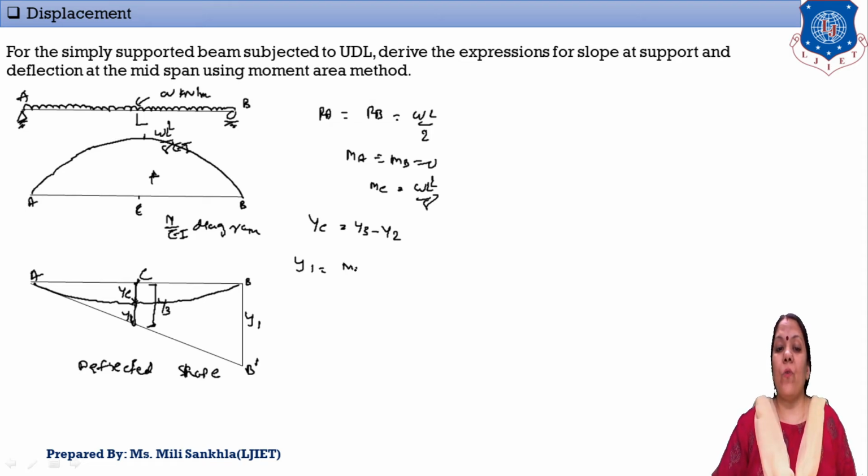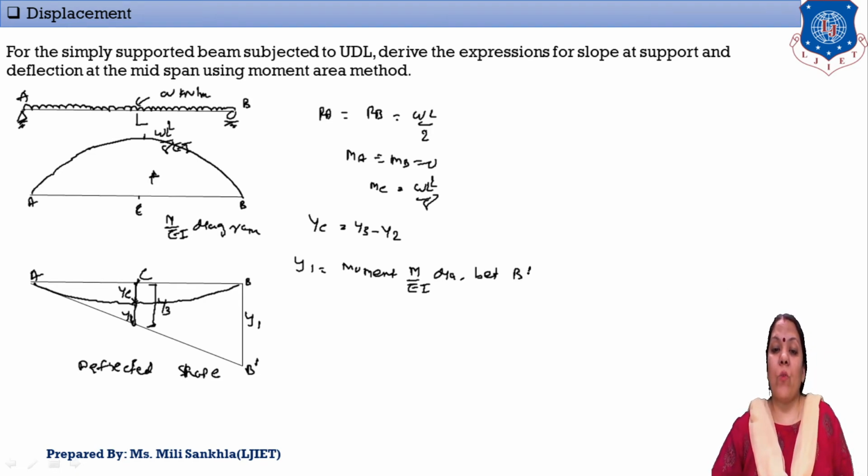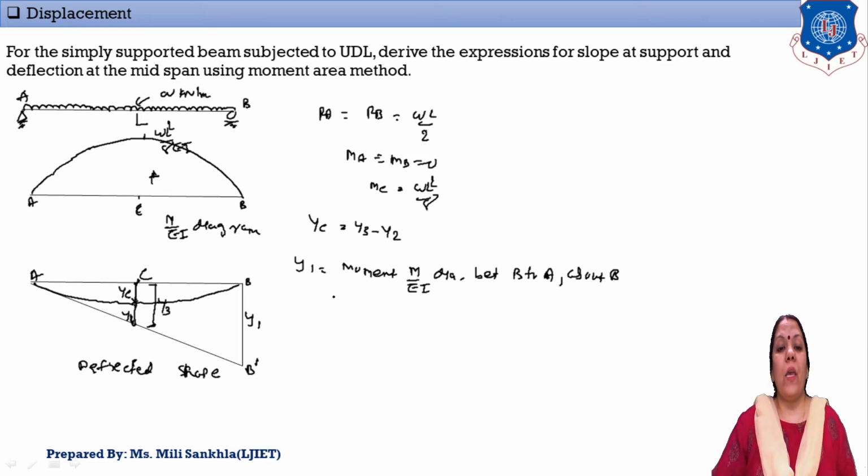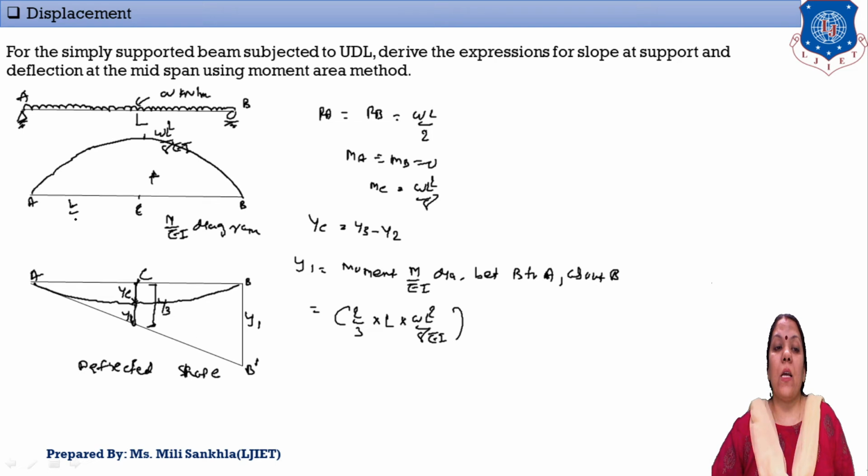Y1 is equal to the moment of M upon EI diagram between B to A about B, because we find the CG from B point. The area of this diagram is 2/3, because outward parabola, 2/3 into distance L into WL square by 8 EI, and the CG is L by 2.